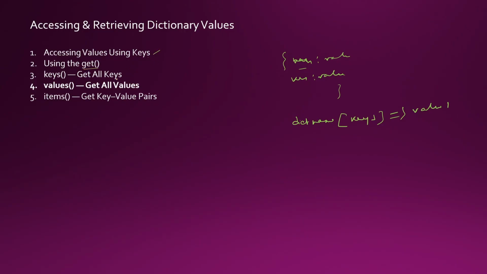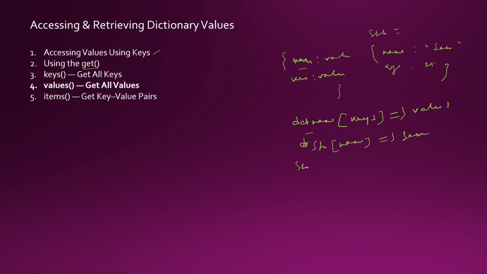The second one is the get method. This is one of the safest methods. Suppose this is my student dictionary, with name as Sam and age 25. Now if I mention student name, it will give me the output, right?